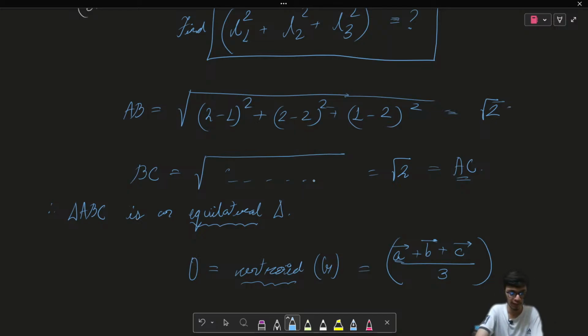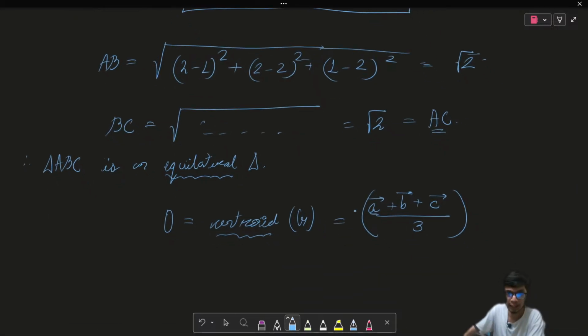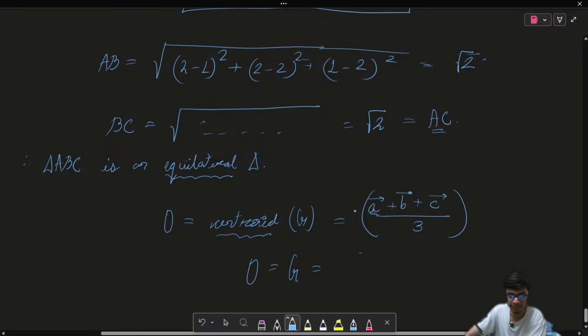If I do that, I obtain the centroid, which equals the orthocenter, as (5/3, 5/3, 5/3).